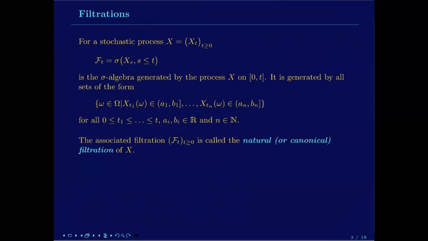So that means if we have any n and any n time points before and up to time t, then these events that the random variables at these time points fall into some intervals, all these events must be in F_t, and F_t is the smallest sigma algebra containing all these events. We call this filtration that is generated by the process also the natural or the canonical filtration of the process.